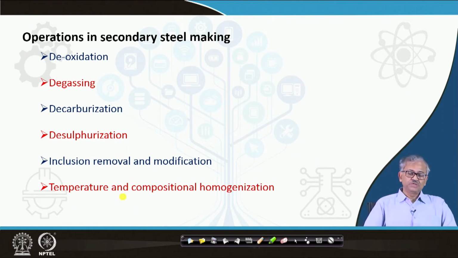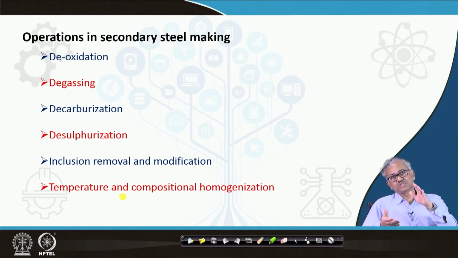If you pour liquid at different temperatures, continuous casting cannot work, because it will not produce the proper result. So continuous casting requires a constant temperature, a constant superheat of the liquid. It cannot deal with fluctuation in the superheat. So the temperature within the ladle has to be uniform before the ladle is taken to the teeming station. When the liquid is poured from the ladle to the mold, it is called teeming.